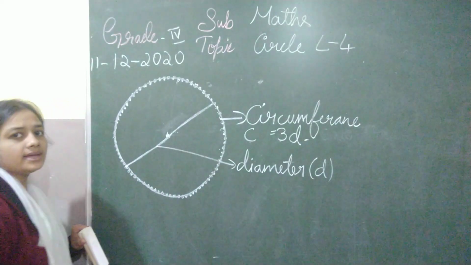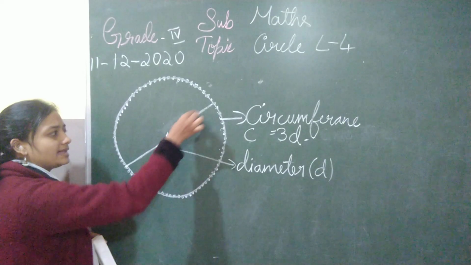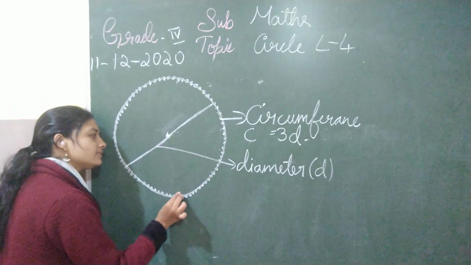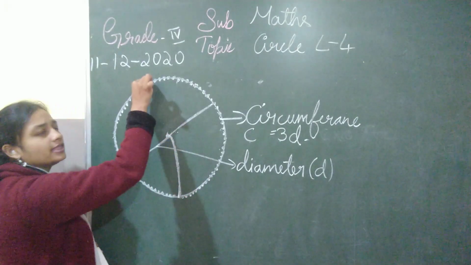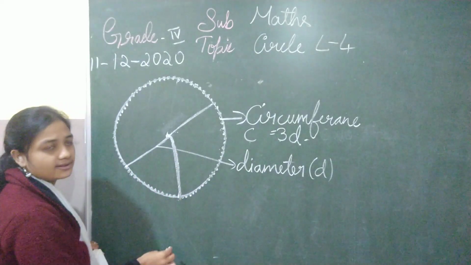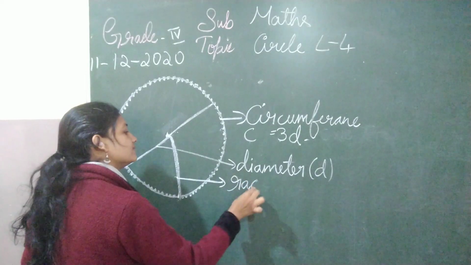The next one is radius. Radius is just like diameter, it should touch one point and touch the center here. It should not touch the other point on the other side. Just touch the center and one point on the circle. This line is called the radius.